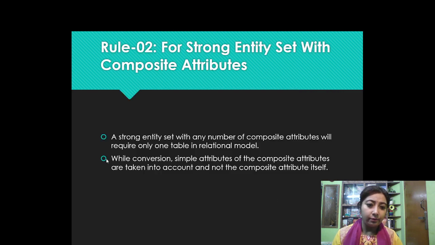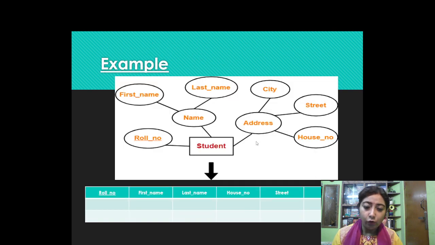Let's go to point number 2. While conversion, simple attributes of the composite attributes are taken into account and not the composite attribute itself. It means if we make the table from the student entity, roll number will come directly here, but instead of name, it will be the first name and last name which will come directly in the table.